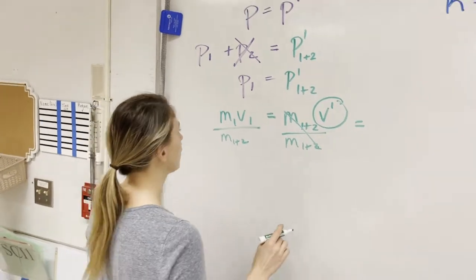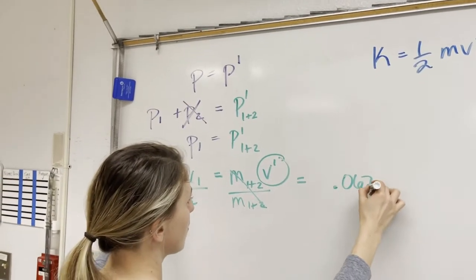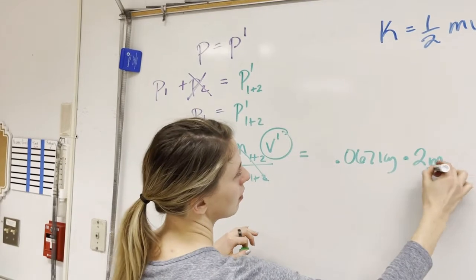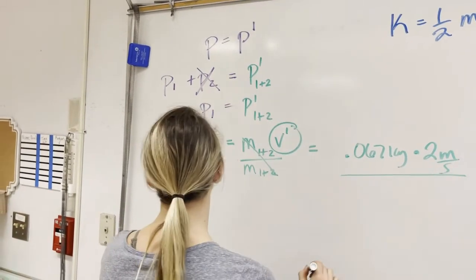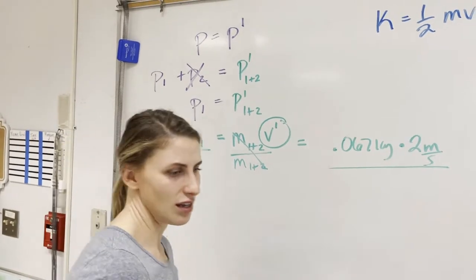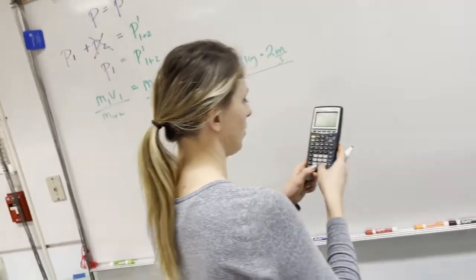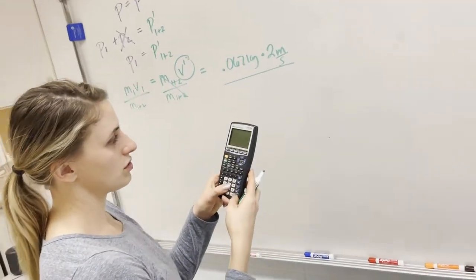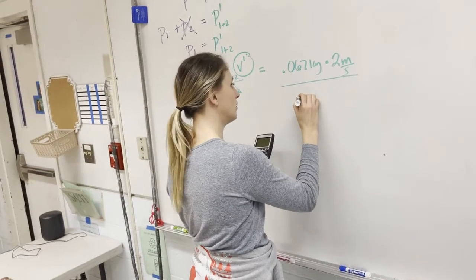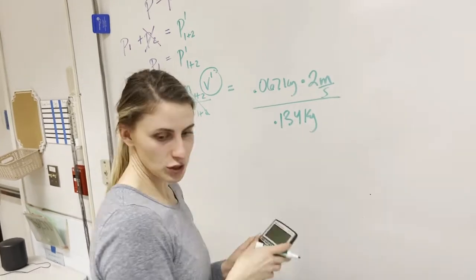Let's do it. My mass 1 is 0.067 kilograms, and my velocity was 2 meters per second. And then 0.067 times 2 is 0.134 kilograms, and that's just the first ball plus the second ball.